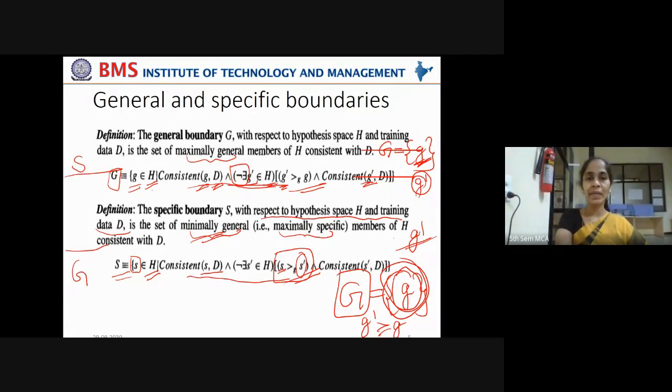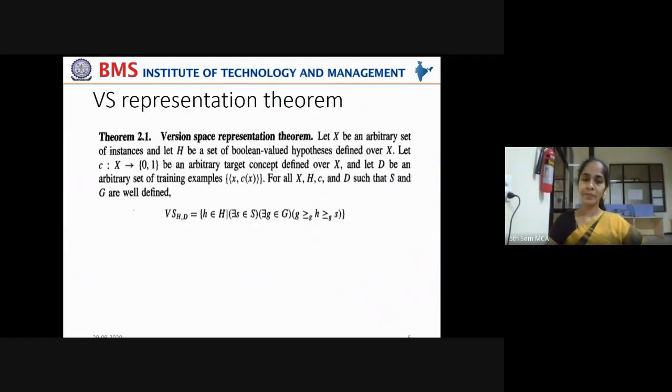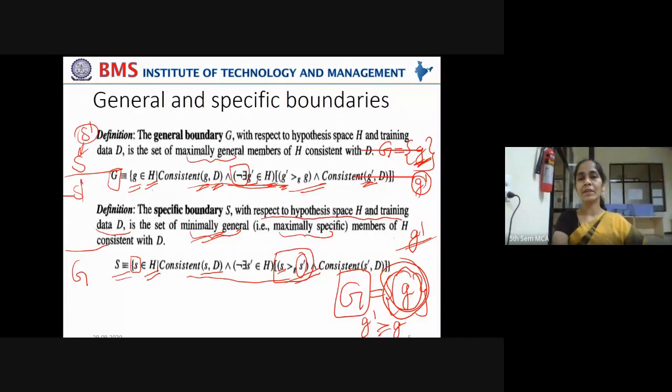Now there should not be any other S dash such that S is more general than S dash, or S dash is more specific than S. Okay, S should not be inferior to S dash in being specific. That is called the general specific boundary. So this S dash always should be inside the boundary, right? Only then this is called the specific boundary set.